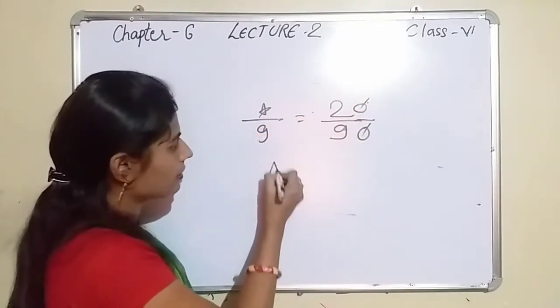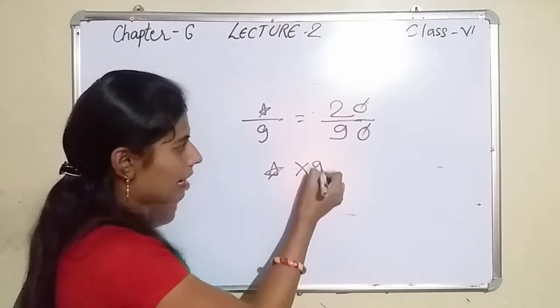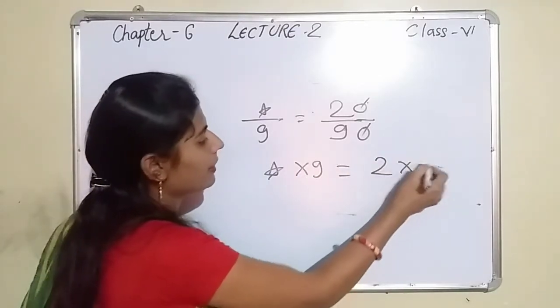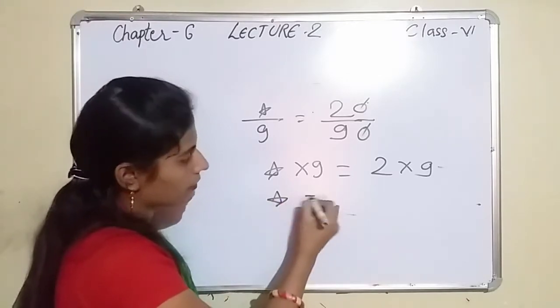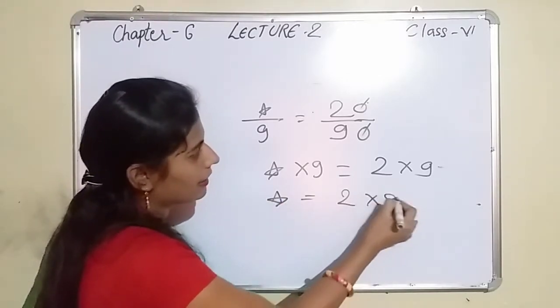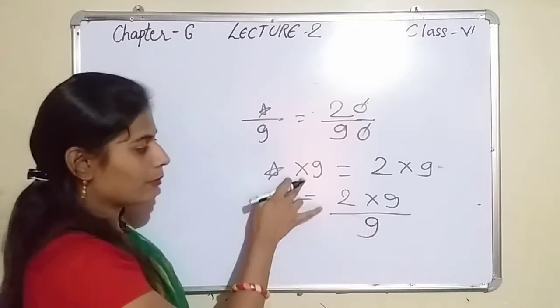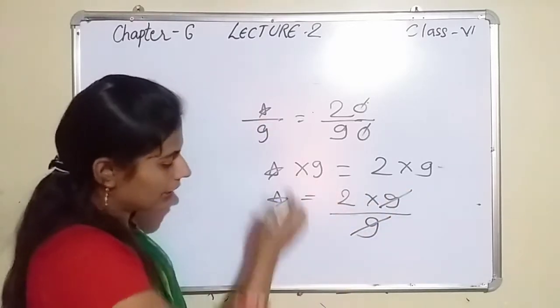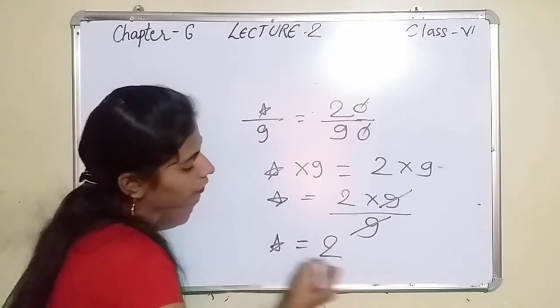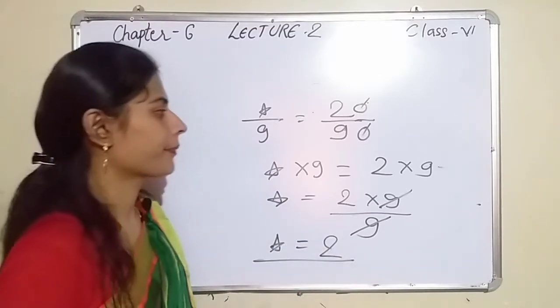Now what is there? Star multiply by 9 is equal to 2 multiply by 9. Okay, so star is equal to 2 multiply by 9 divide by 9, because it is given in multiply, so you can directly divide 9 by 9, so star is equal to 2. That is your answer.